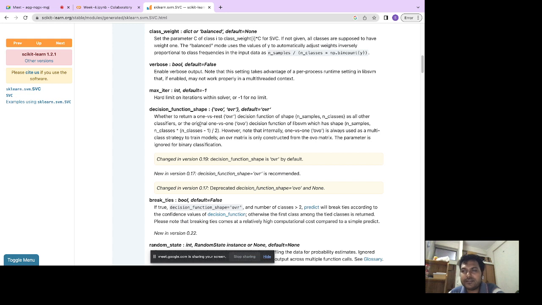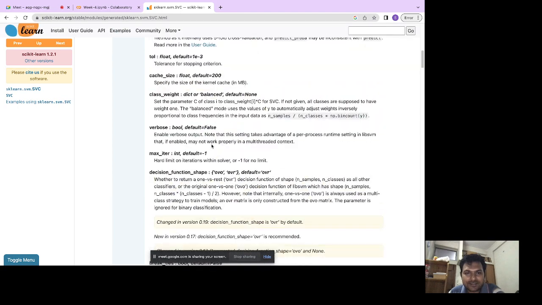One versus one takes nC2 ways in which you can select two classes from those n classes, so it will learn nC2 different classifiers. OVR is much better because it will only learn n classifiers, where only one class is considered positive and all the other classes are considered negative. In that way, n different SVM models will be trained. So that is about OVR and the decision function shape.